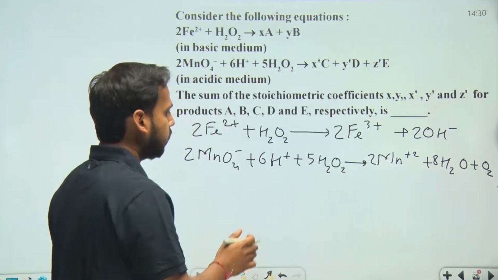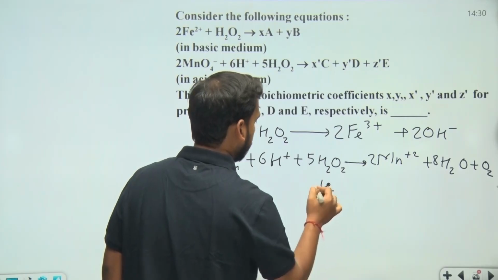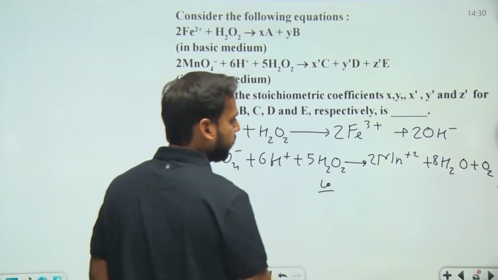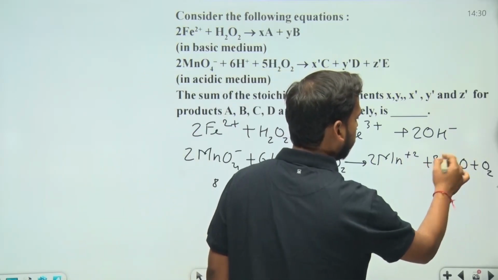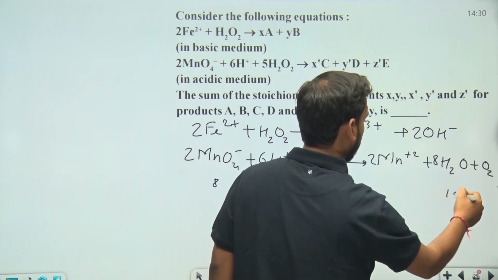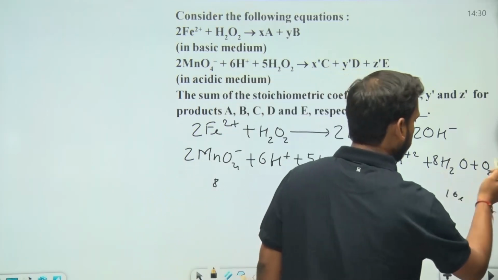So if we see here on the reactant side, the oxygen is 5 into 2, 10, here it is 10, and on this side 4 into 2, 8. So in total on the reactant side it is 18, and on the product side it is 8 and 2, that is 10. So we need 8 more.